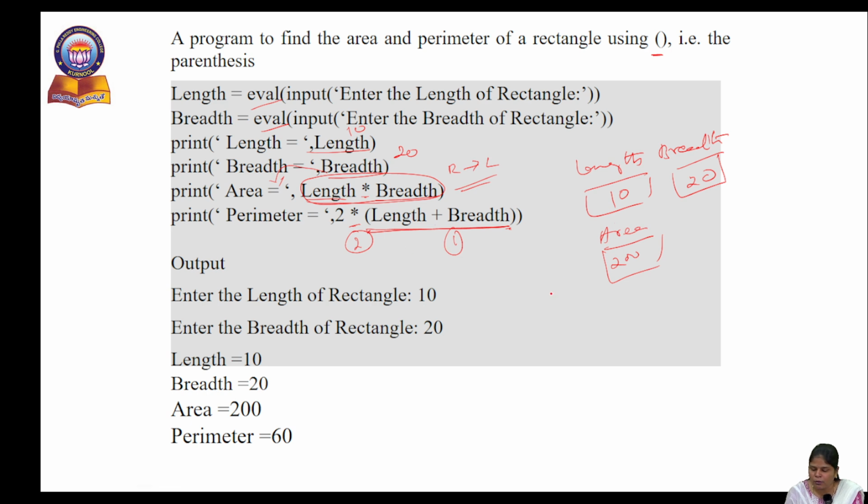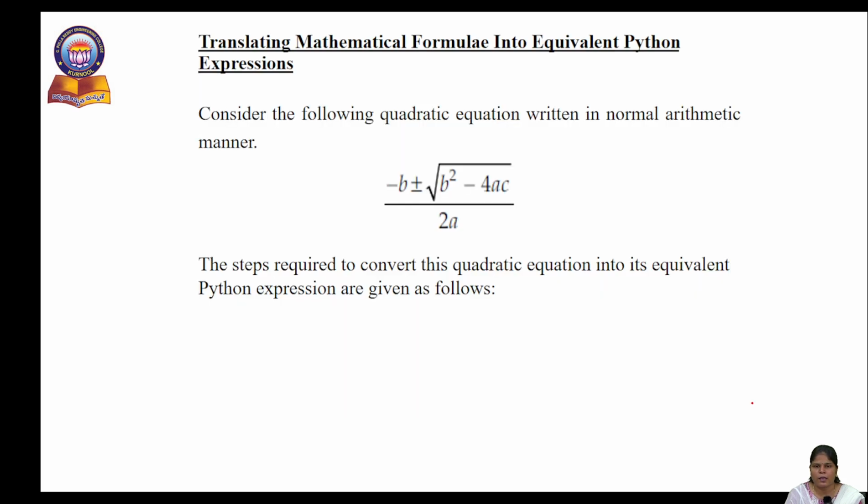Now length plus breadth is 10 plus 20, that means 30 will be calculated first. 2 into 30, so what I got? 60. Now 60 will be stored where? 60 will be stored in perimeter. Right? So this is how within the program also, based upon the precedence, the expression will be evaluated.